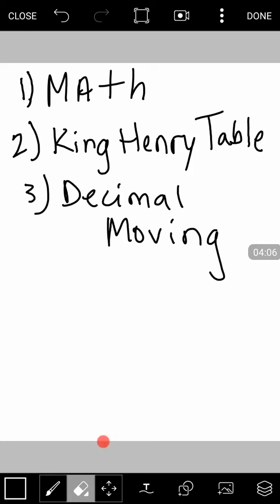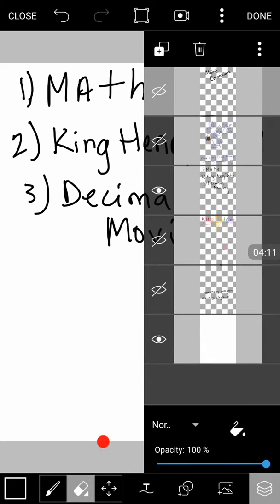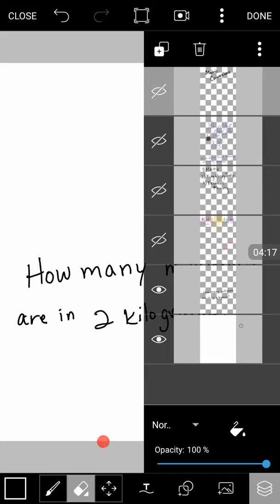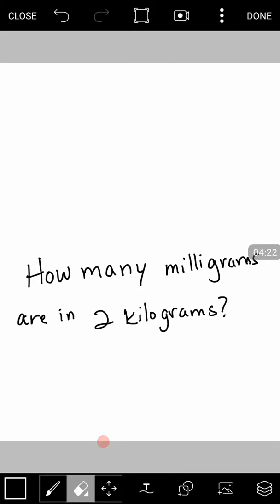So first, how do I use math to do metric conversions? Let's look back at the question: how many milligrams are in 2 kilograms? If you're just going to use basic math, all you need to know is the relationship between milligrams and kilograms.